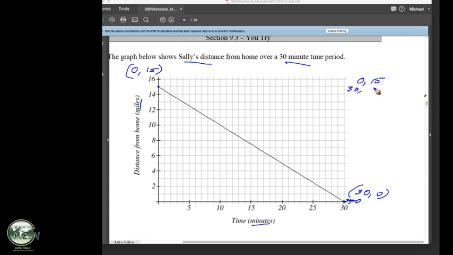And you'll see why using the horizontal and vertical intercepts to calculate slope is such a nice thing. Because in one, the x is 0, so 0 minus 30, negative 30. 15 minus 0 is 15. Take the x, tuck it underneath the y. 15 over negative 30, and that reduces down to what? 1 over negative 2.